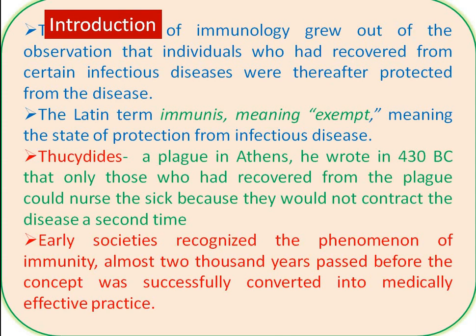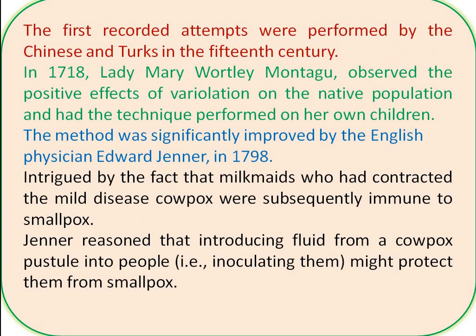Early society recognized the phenomenon of immunity almost 2000 years before the concept was successfully converted into medically effective practice. The first recorded attempts were performed by the Chinese and Turks in the 15th century.